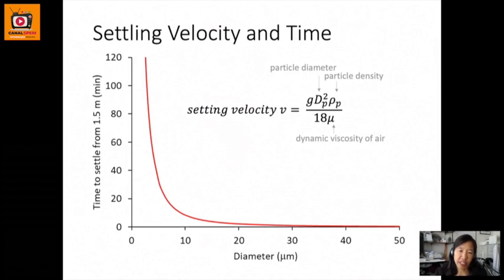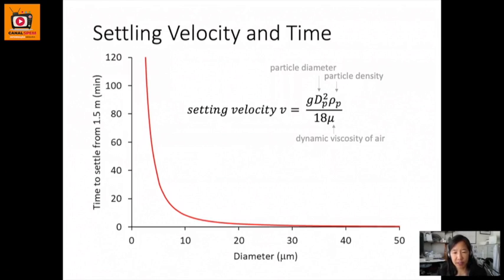So as I mentioned, size is critical for determining how long these droplets or aerosols can remain in the atmosphere. We can calculate this based on the droplet size. Based on Stokes' law, this graph shows the time for a droplet or aerosol to settle from a height of 1.5 meters, which is the height of a typical person's nose or mouth, as a function of the diameter of that droplet or aerosol.